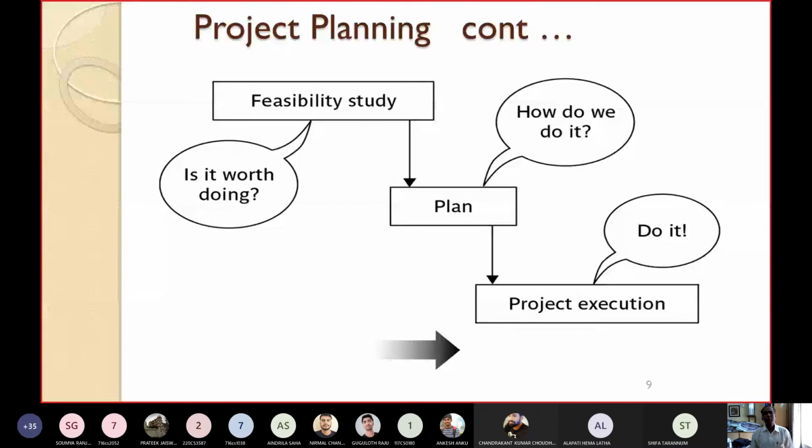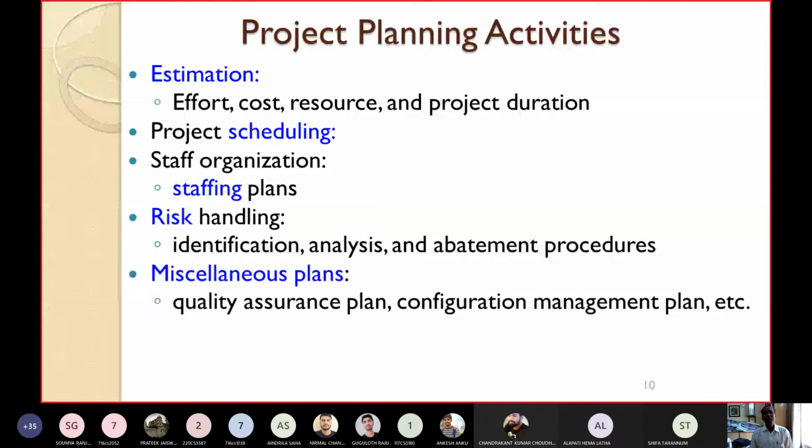These are the major project planning activities shown here. We have to do estimation, then scheduling, staffing, handling of risks, and some miscellaneous plans. During estimation, we have to estimate the effort required, the cost, the resources, and the duration, the time that will be required.